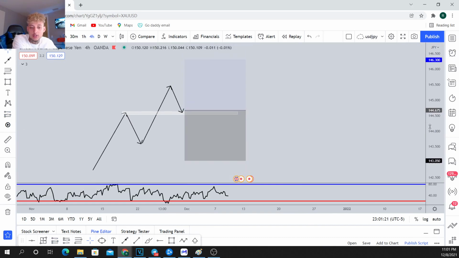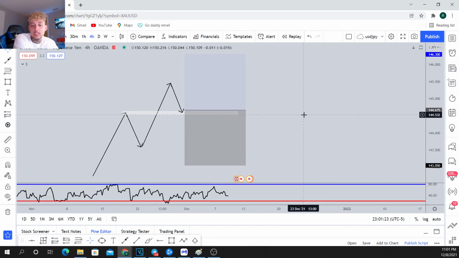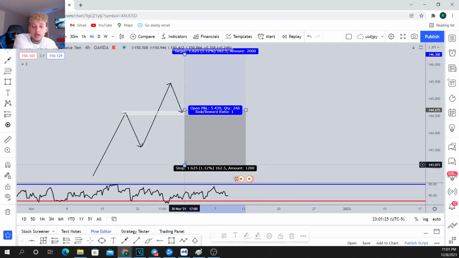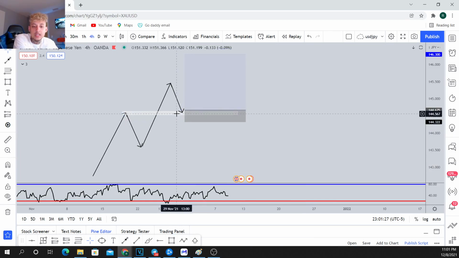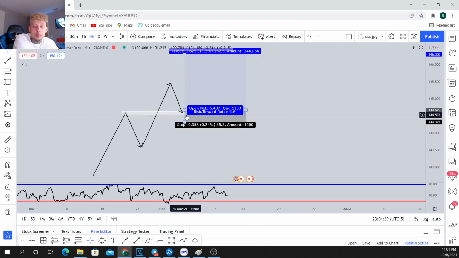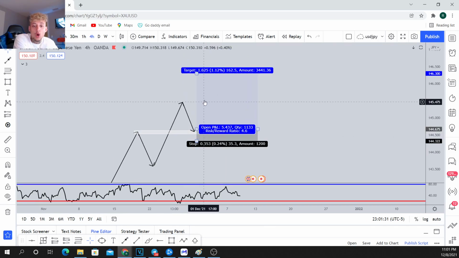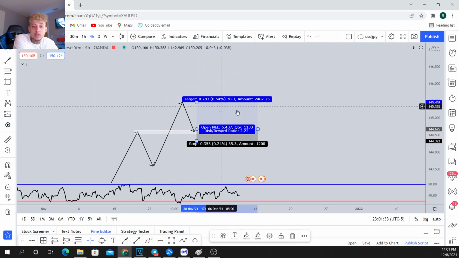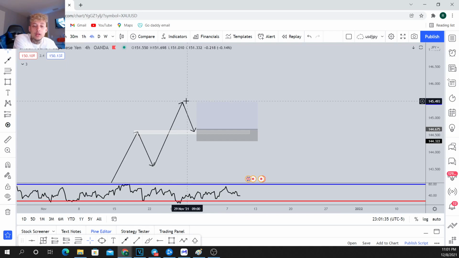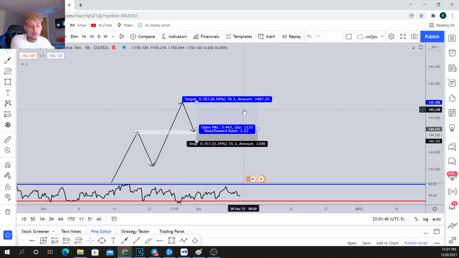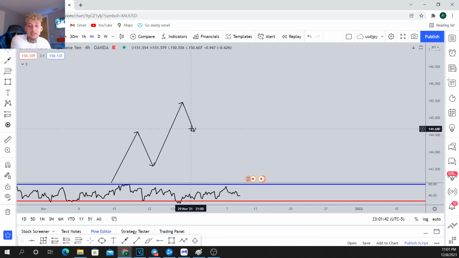Now you have to ask yourself, where is my stop loss and take profit going to go? My stop loss is going to be under this level of support, because if support breaks, I'm going to get out if I'm wrong. And my take profit is going to be at this high because this is the nearest level of resistance and has the highest probability of actually getting hit. And that's how you simply place your stop loss and your take profit.